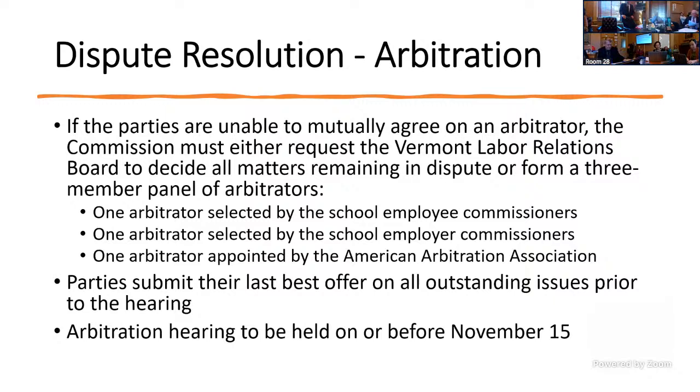If they can't agree, then they can either request the Vermont Labor Relations Board to decide the remaining issues that are in dispute, or they can have a 3-member panel of arbitrators. And if they have a 3-member panel of arbitrators, one of them is selected by the school employee commissioners, one by the school employer commissioners. And again, either you can have those two individuals then pick the third person, or they can go to the American Arbitration Association and they'll pick someone if the parties can't agree.